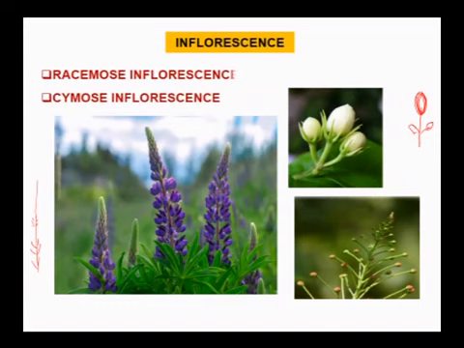This kind of development we call basipetal, and such inflorescence we call cymose inflorescence. So racemose inflorescence has the rachis growing continuously with acropetally arranged flowers, and cymose inflorescence has flowers arranged basipetally and the rachis terminates into a flower.